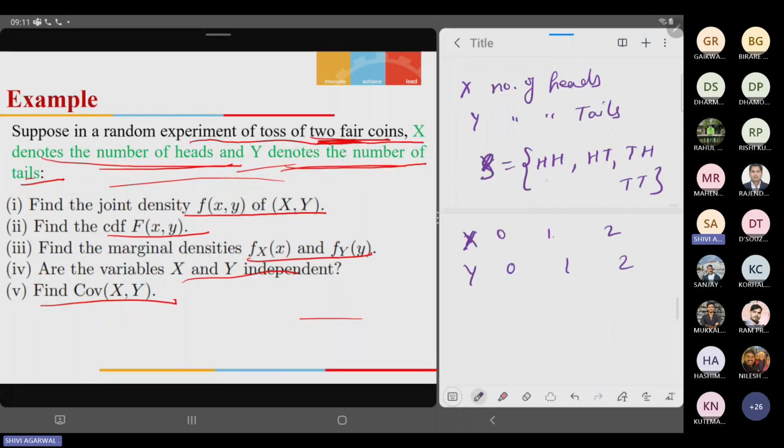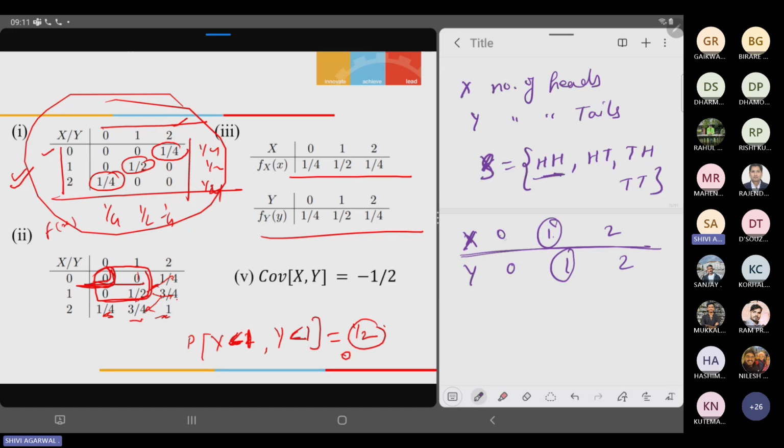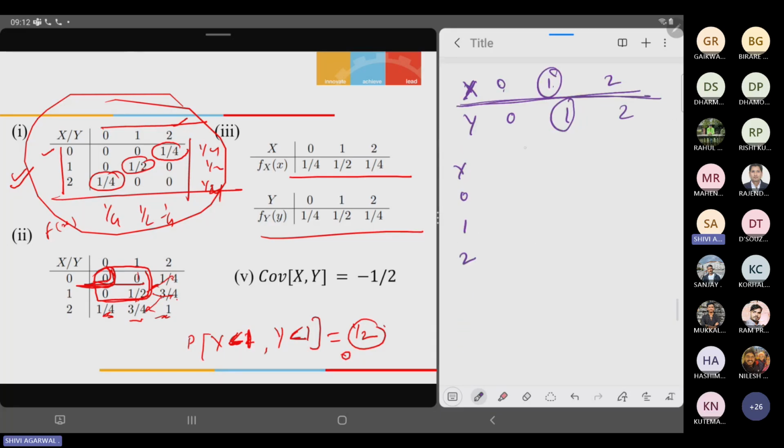Now you can see here head and head comes both, one time. So from that, when X is equal to 0, 1, 2, and Y is also 0, 1 and 2.